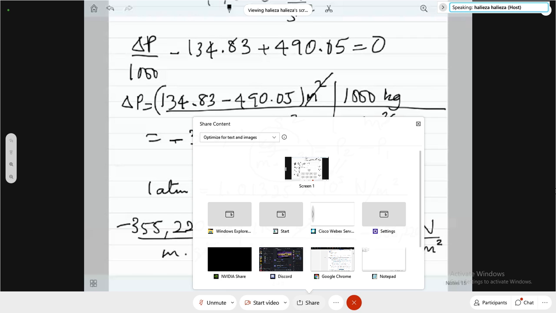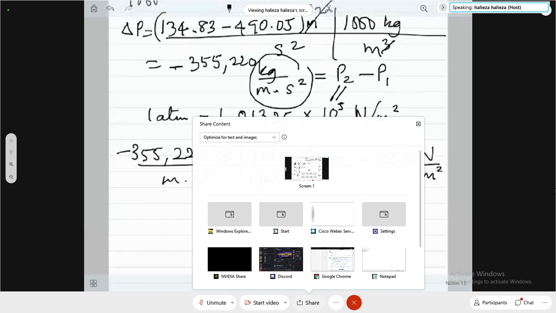Okay, so what we've got to do next is solve for P1. P2 minus P1 is equal to negative 355,220. That's the answer. So now P1 is equal to 1.01325 times 10 to the power 5.